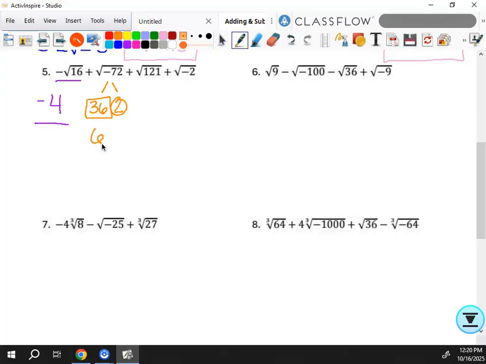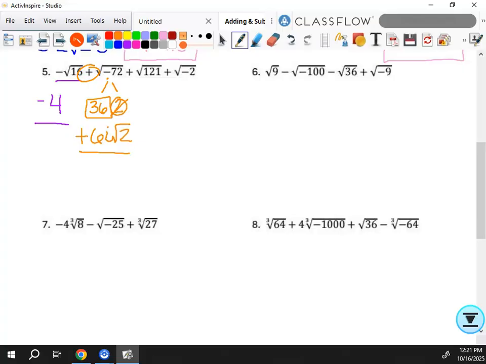And then because this is negative, what else comes out? I. And then this 2 stays underneath. This is positive. This is still positive. That negative inside the square root does not affect the sign. It affects the i. Okay, we good with that?